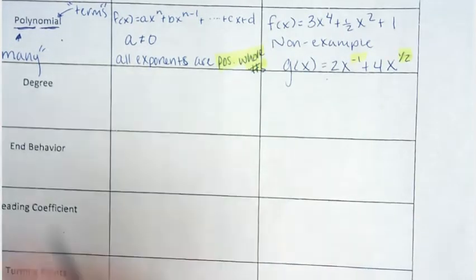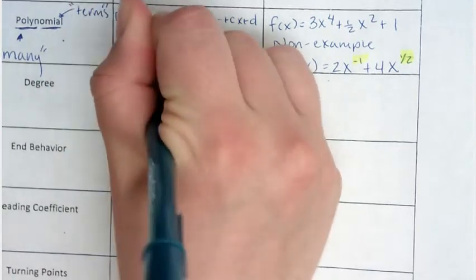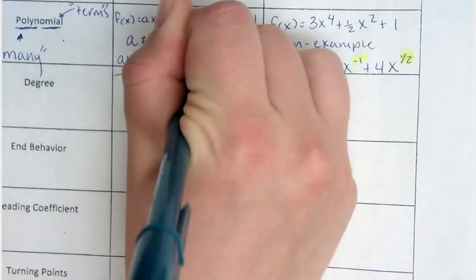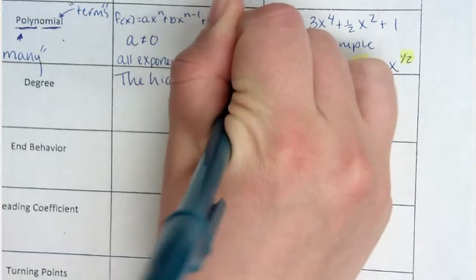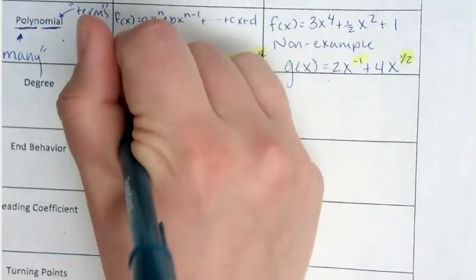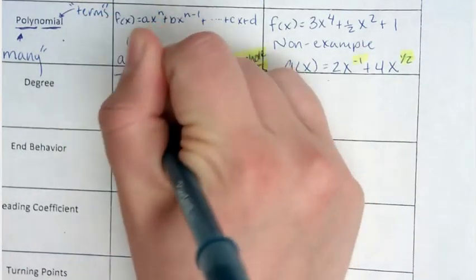Degree is going to be the highest power of x. That means it's the biggest exponent.